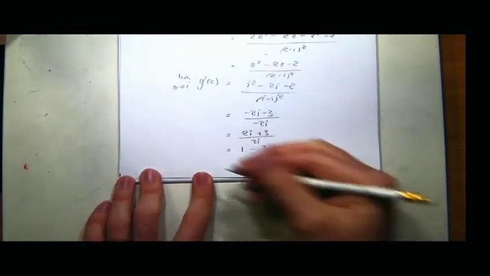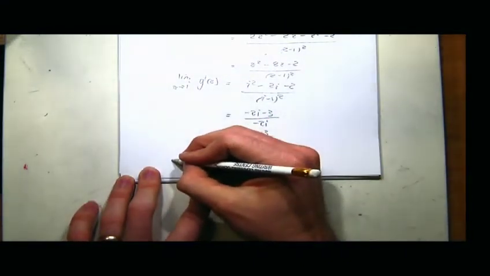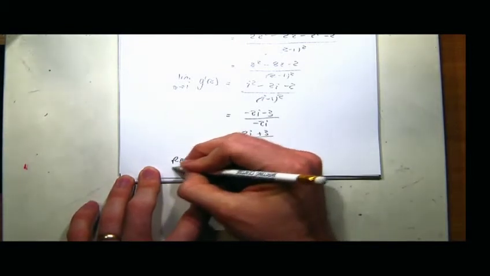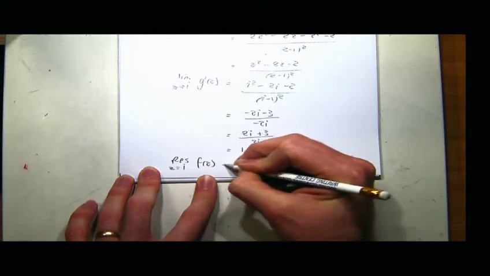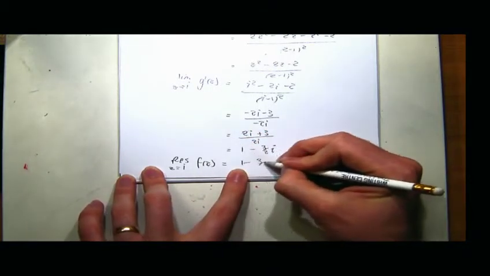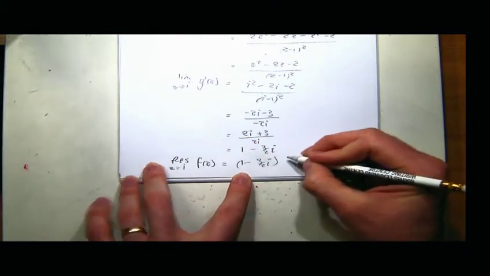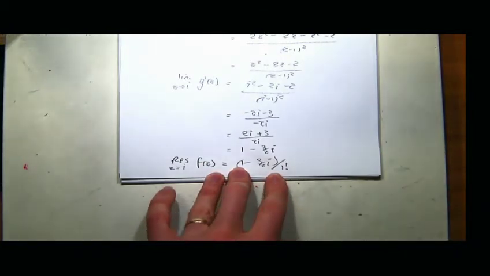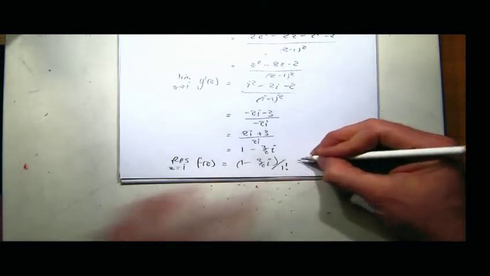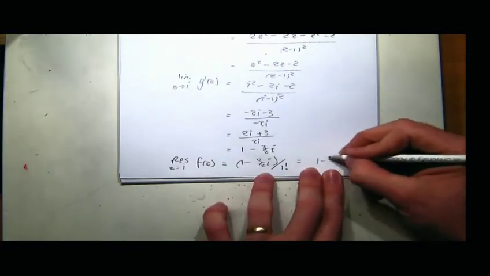And so finally the residue at z equals i of f of z is this number divided by 1 factorial, because m was 2. Yep. Which is 1 minus 3 on 2i.